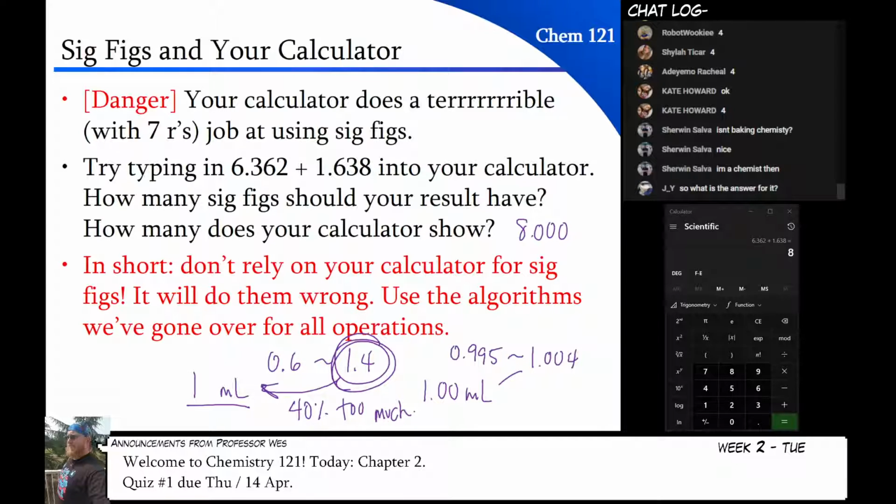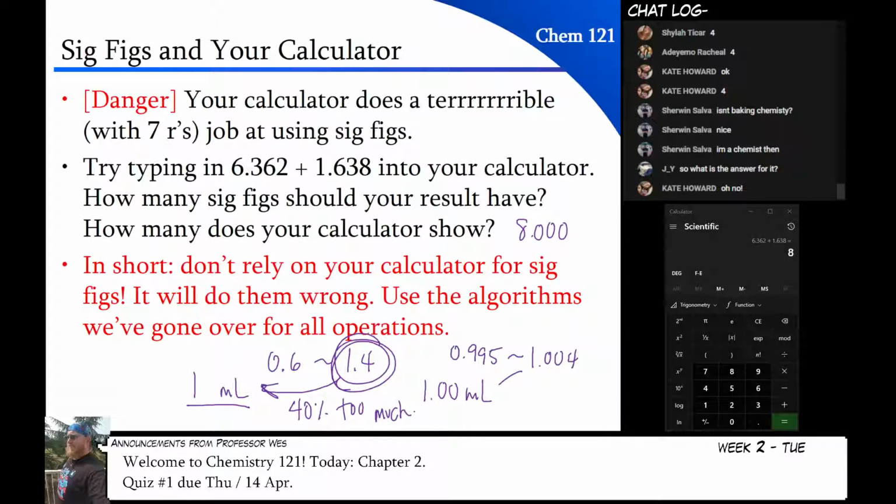If you are giving something to, like, a puppy or a baby for pediatrics, and you can only administer 1 milliliter of medication, and you give them 1.4, you've given them 40% too much medication because you didn't write down enough sig figs. That could be fatal, and you would be sued for malpractice. So sig figs are extremely important because we need to know the precision of the tool.